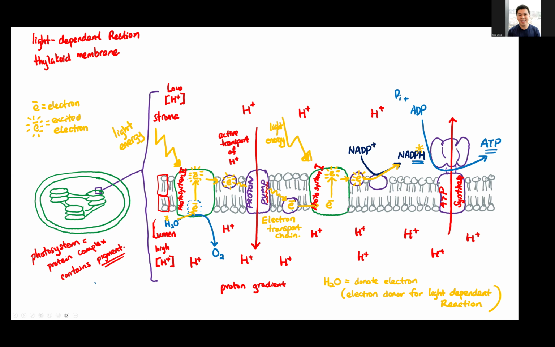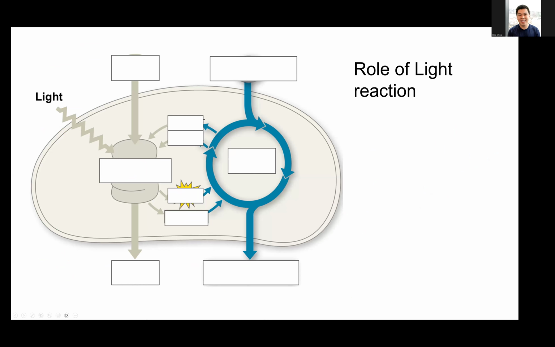So, to summarize, let's review back again. We have two reactions that happen in photosynthesis. The first one is light-dependent reaction. It happens in the thylakoid membrane.